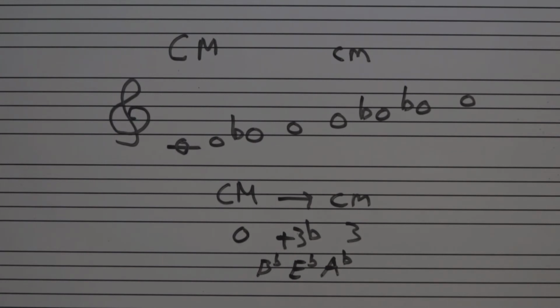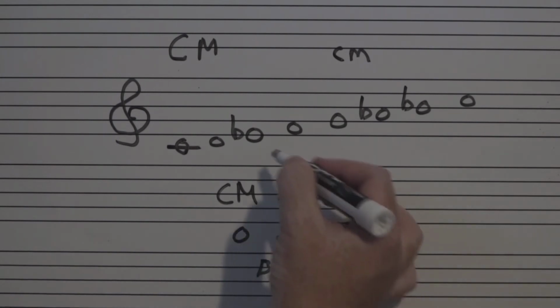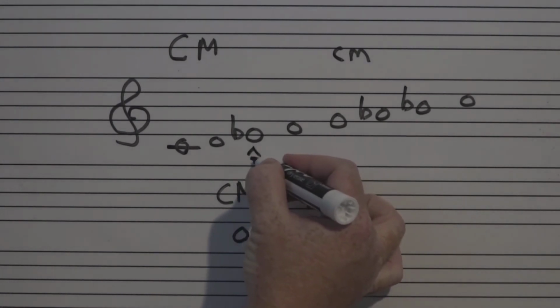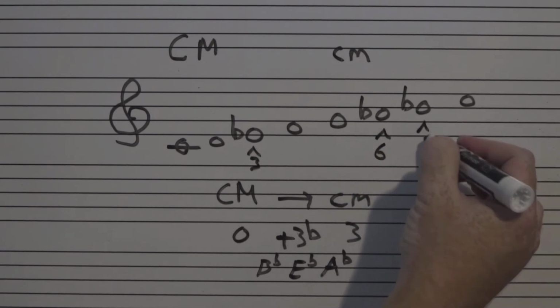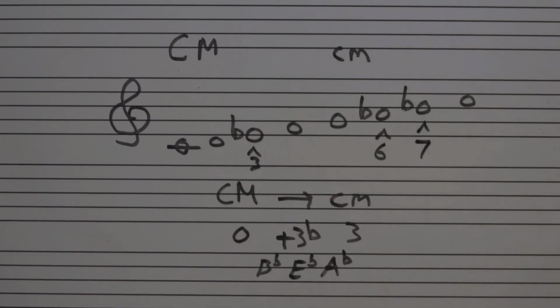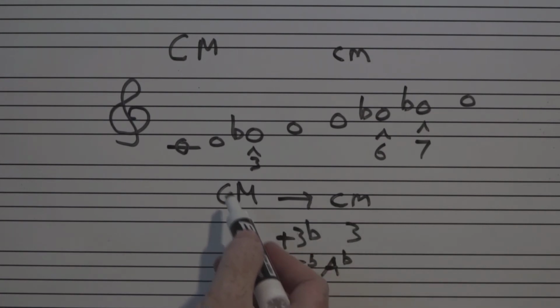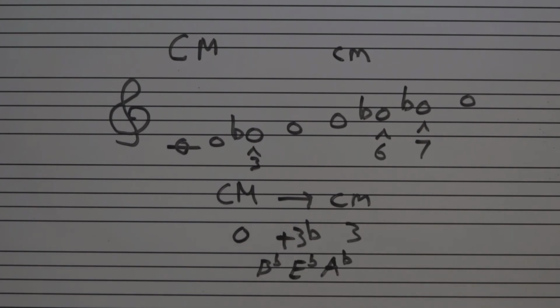We went from major to minor, we lowered scale degree 3, scale degree 6, and scale degree 7. There it is. From major to minor, lowering scale degree 3, 6, and 7. It's like adding 3 flats onto your major key signature to create parallel key signatures.